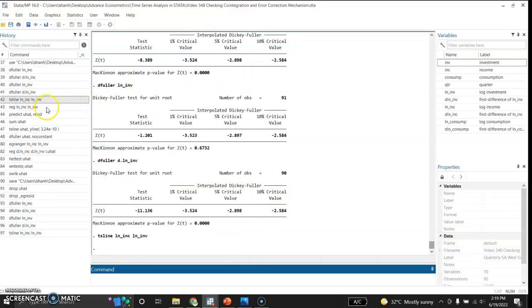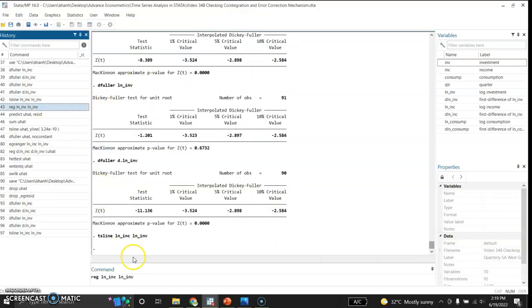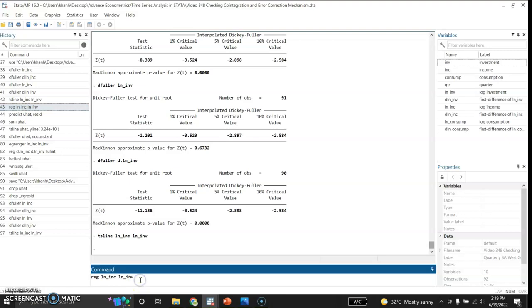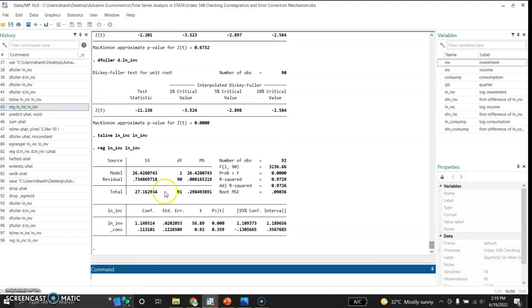After this, I'll run the traditional OLS, and I am regressing the natural log of income on the natural log of investment, and here are my results. This is the total sum of squares, the model sum of squares, the residual sum of squares. The F statistic is significant, R squared is 0.97, and this is the coefficient of the log of investment.